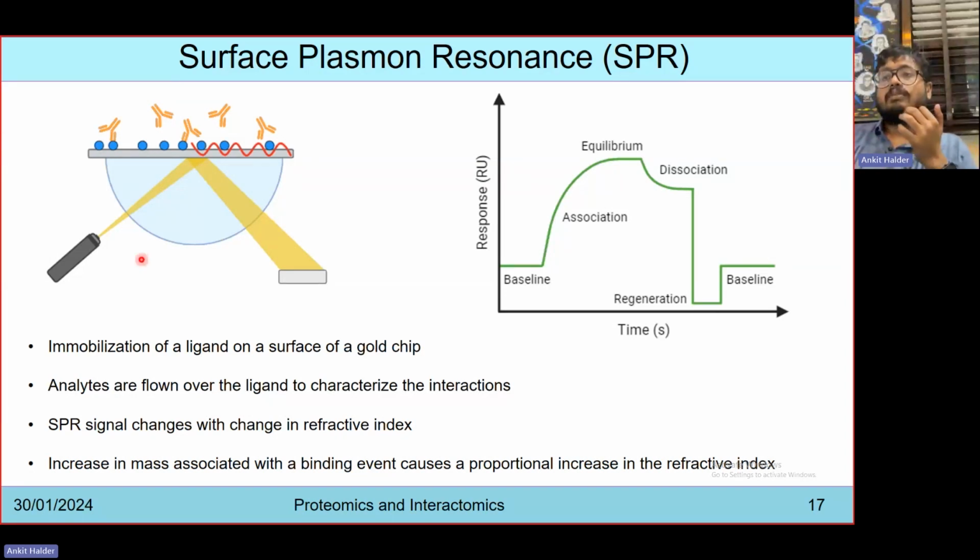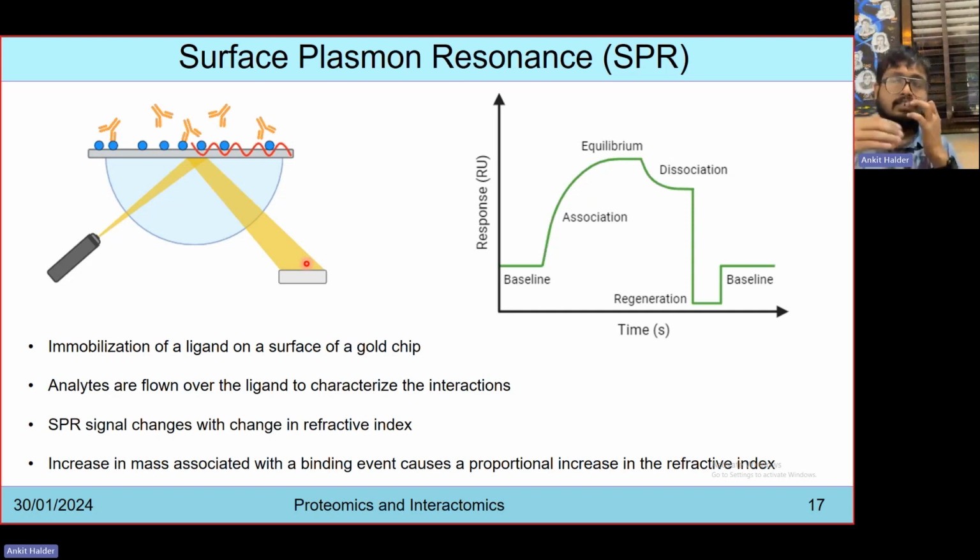If we have a gold metal plate with a thin coat of film, and we have the ligands immobilized, then when we shine a light source on it, as the interactions go on there will be a change in the reflectance angle. The refractive index gets changed, and that's why there will be a change in our SPR signal.